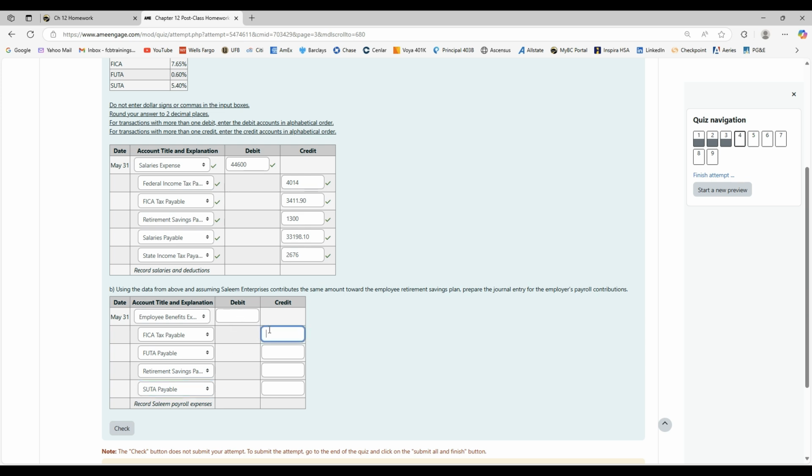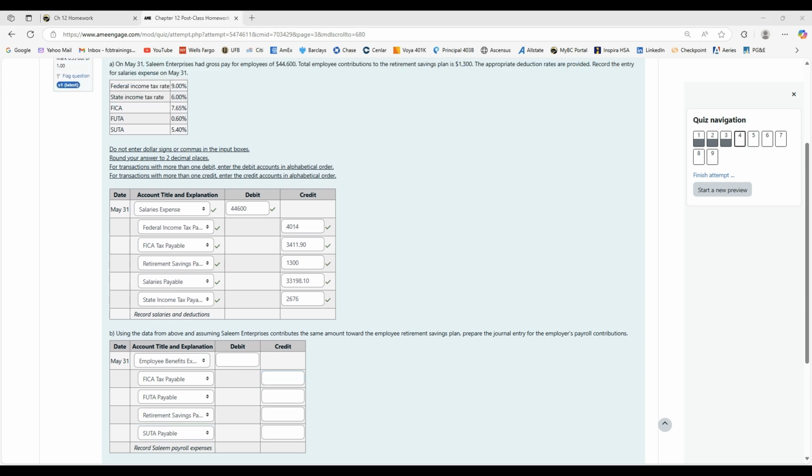Okay, so then we got to go back to our percentages. So the FUTA percent is 0.6%. Be careful with the decimal there and the percentages. It's not 6% or 60%. It's 0.6%. So you got to put a bunch of zeros, 0.006.